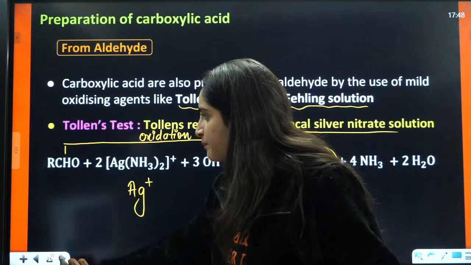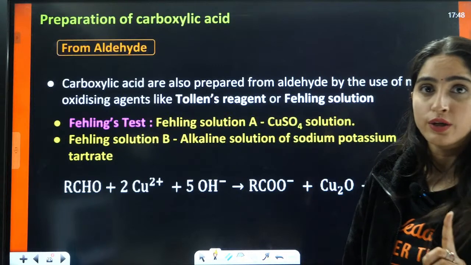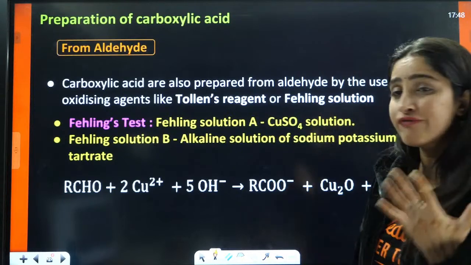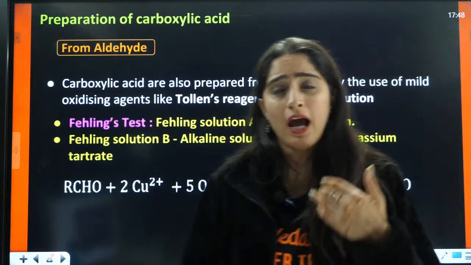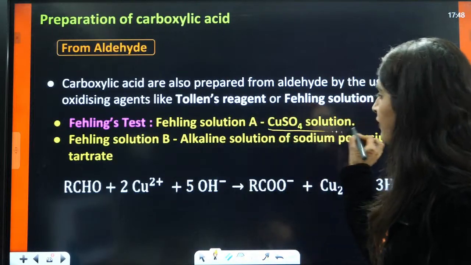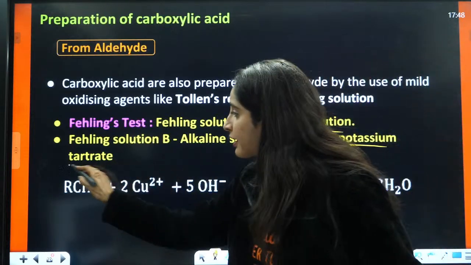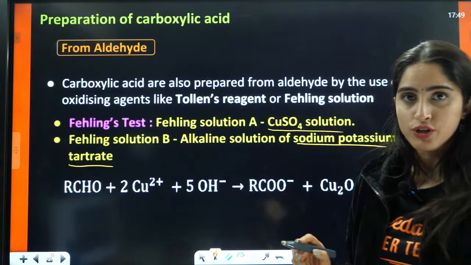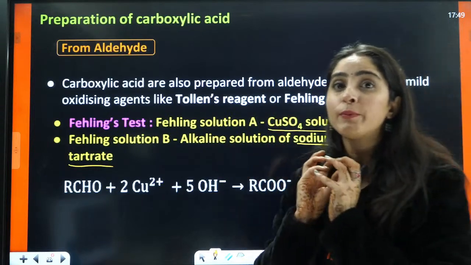Okay. Now, next is Fehling solution test. Fehling solution test means you will have Fehling A and Fehling B solution. You will have copper sulfate, that is the Fehling A solution. You will have sodium potassium tartrate, that is your Fehling B solution. When you mix these two together, it will form a deep blue color.